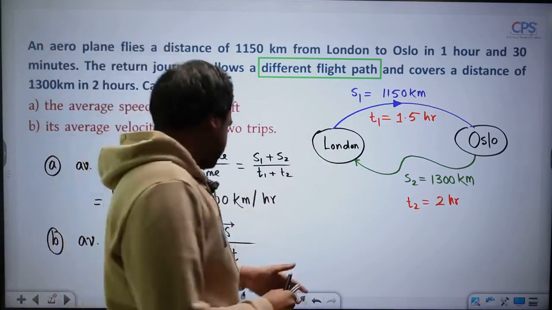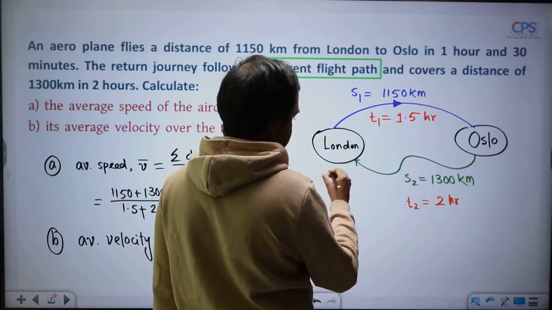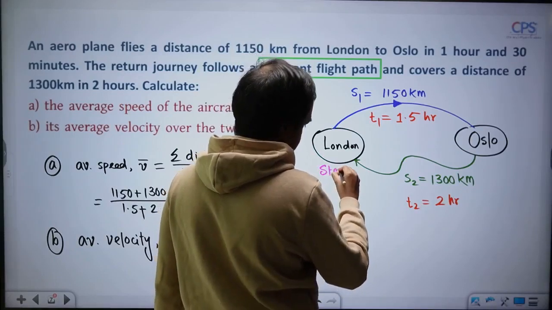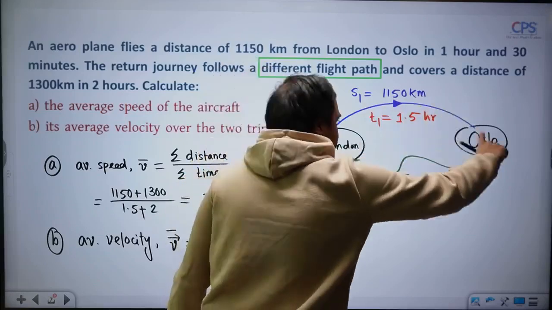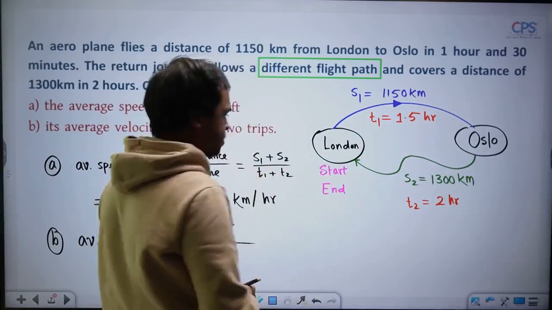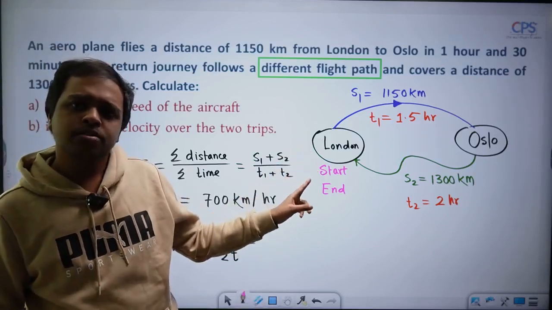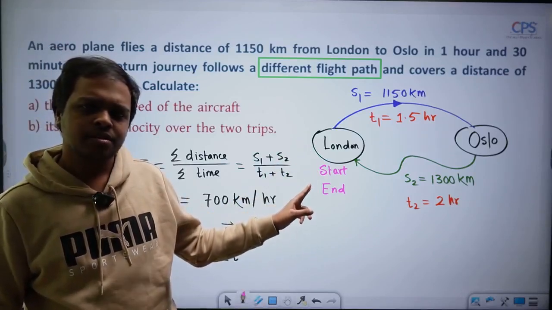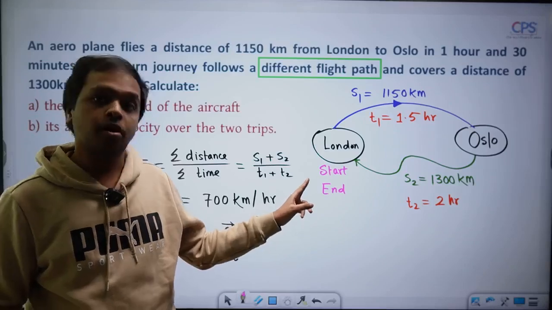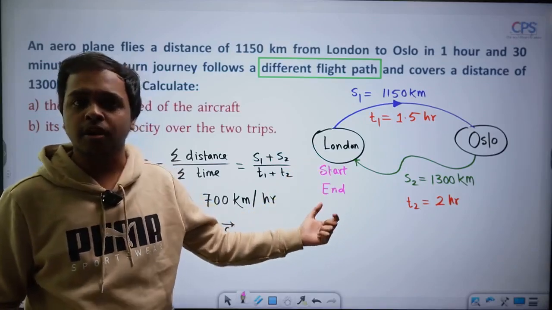London is the starting position for this flight, and London itself is the end position. So from where the flight started is where the flight ended, overall. That's why it has no displacement at all.